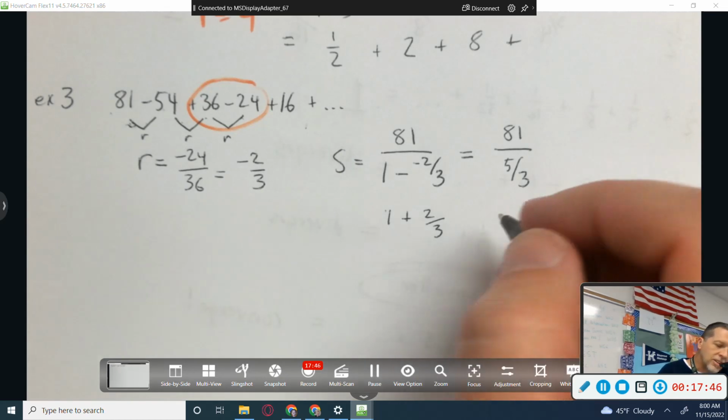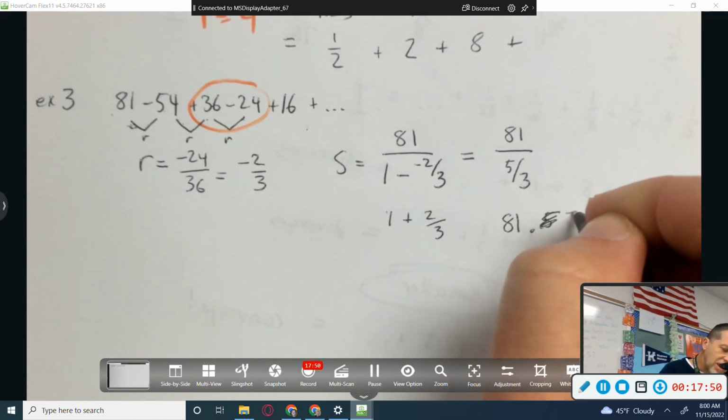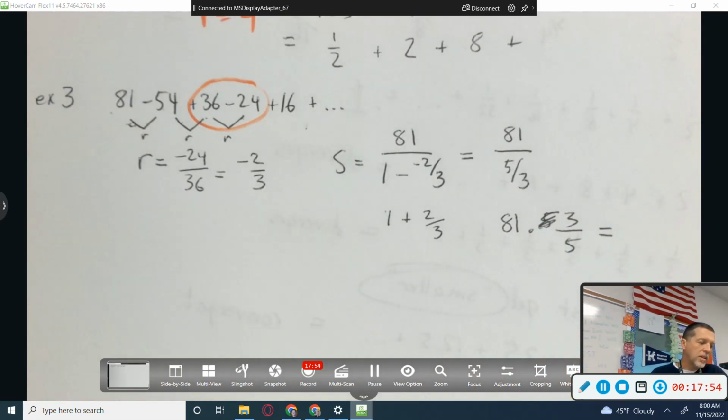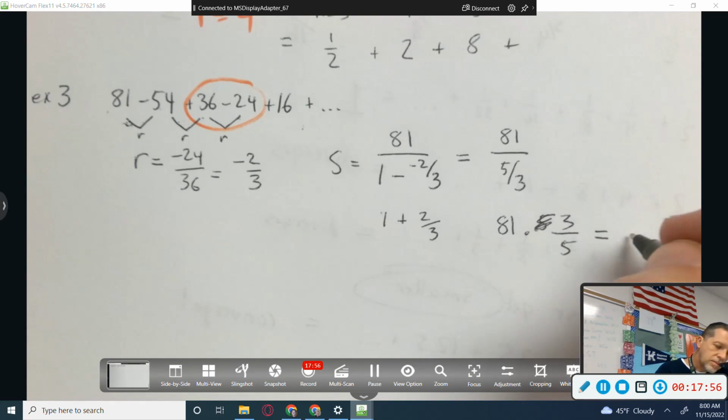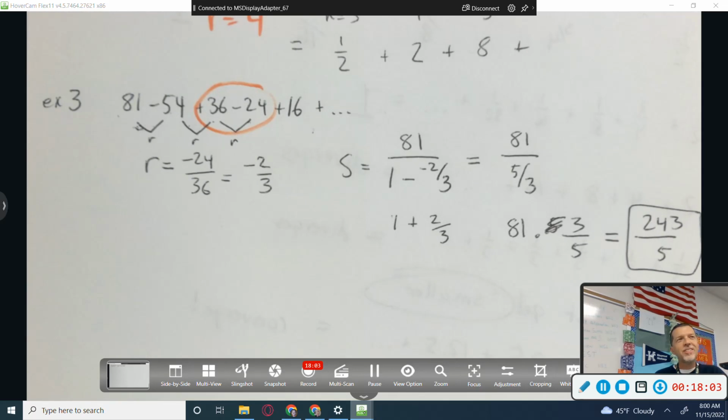And 81 divided by 5/3 is the same thing as 81 times 3/5. Keep it, change it, flip it. Again, no calculator on this test. Some of you, this is going to be the hardest part, doing this little math stuff by hand.